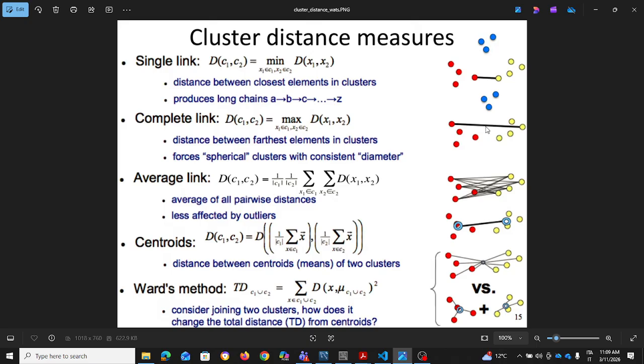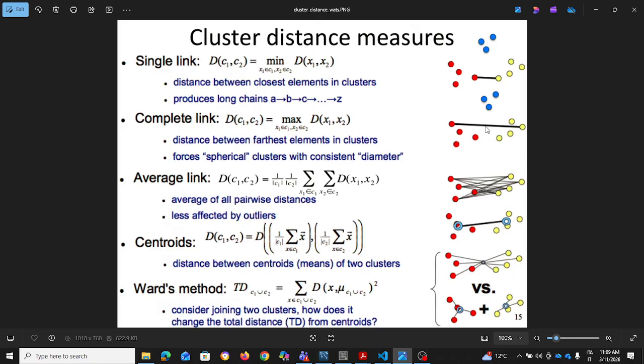But in the case of complete linkage, we are taking the furthest points, so it makes a sphere. That's why we can reach more points and capture patterns better.